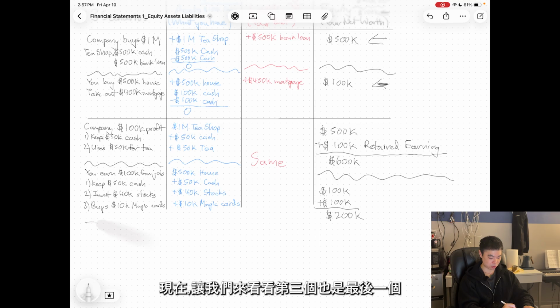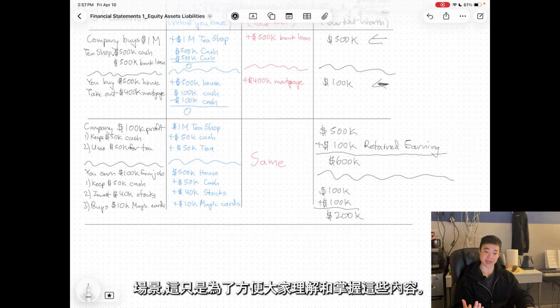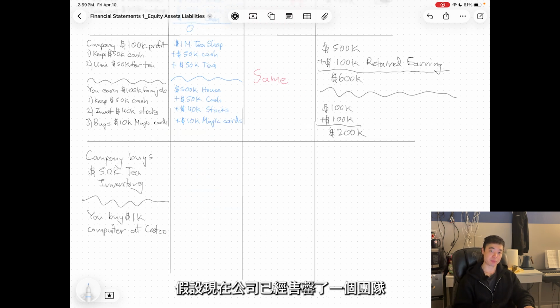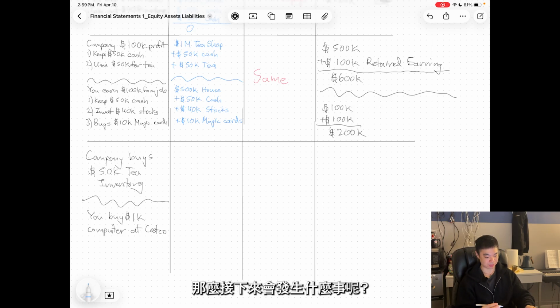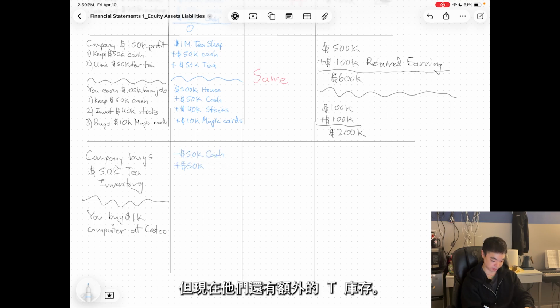So now let's go to our third and final scenario, just for illustrative purposes, for you guys to get a good handle on this stuff. Let's say now the company has sold out of tea and wants to buy an additional $50,000 of tea inventory. So what happens? Well, they originally had $50,000 in cash. So now all their cash has disappeared, but now they have an additional amount of tea inventory.